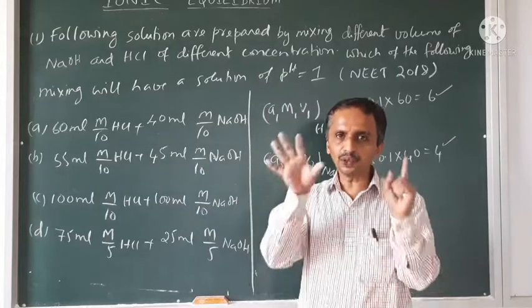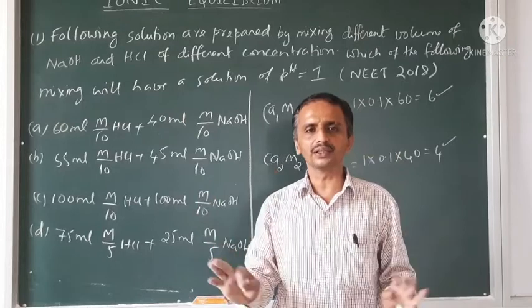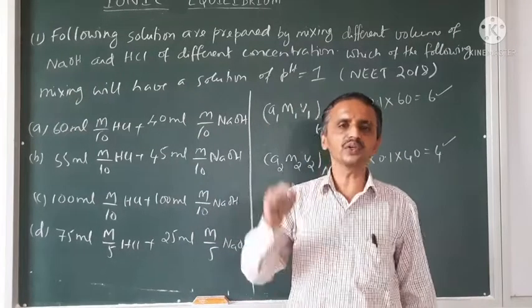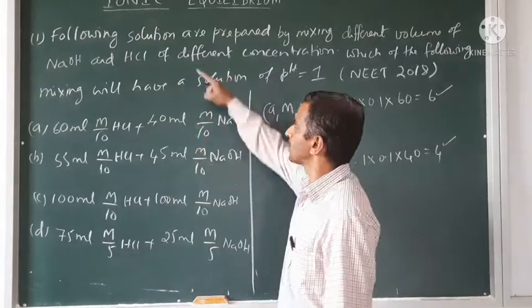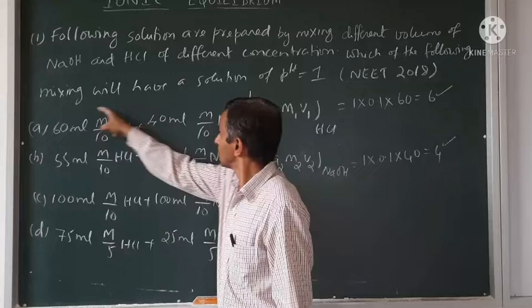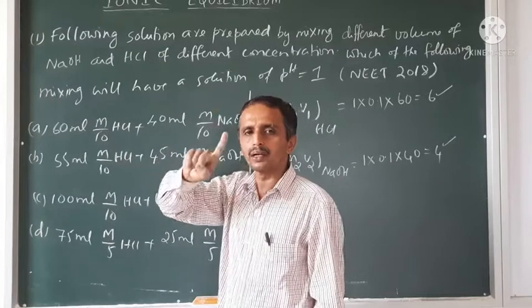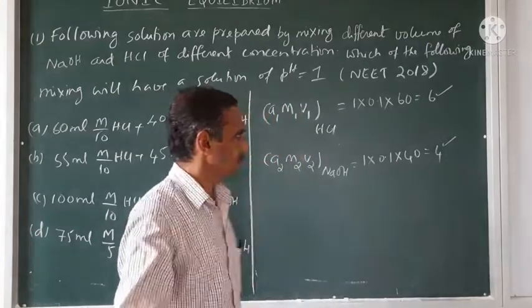Or if I put few drops of phenolphthalein indicator, no color will be produced because phenolphthalein will give the pink color in the basic medium, but after the neutralization, acidic medium will be there, so no pink color, colorless solution remains as colorless solution.